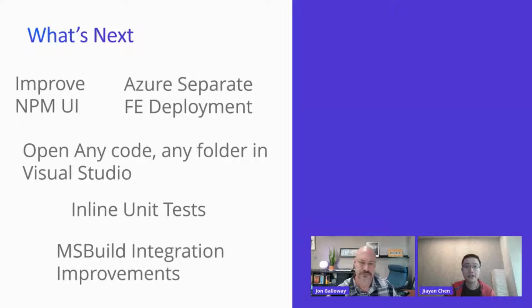But in the future, we are thinking about getting your front end project deployed separately to Azure Static Web App, and the back end can go anywhere, using App Services or Azure Functions. So it becomes a separate front end and back end deployment. And if you only change part of your application, you don't need to deploy the whole thing again. You just deploy either your back end or front end.